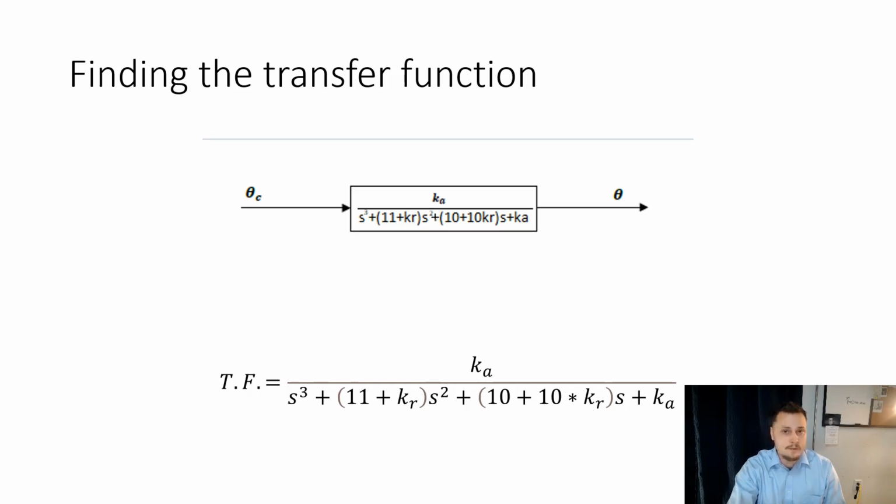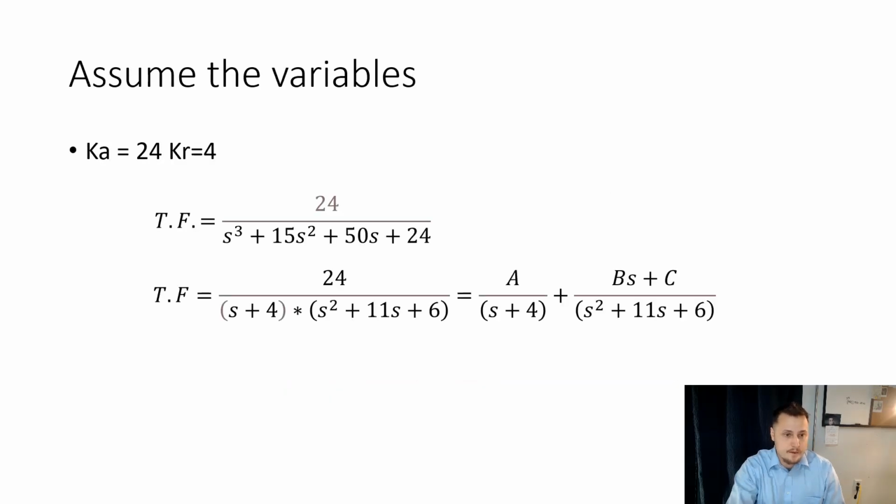In the system we have two variables, K of A and K of R. K of A is the outer loop gain of the system, and K of R is the rate gain. K of A is responsible for the phugoid damping and oscillation of this system. So we need to assume these two variables for the time response, and I assumed K of A to be 24 and K of R to be 4.